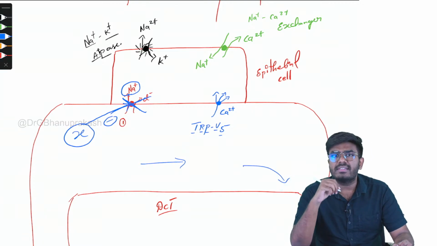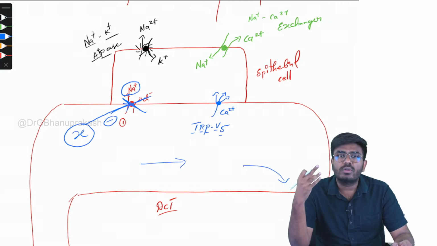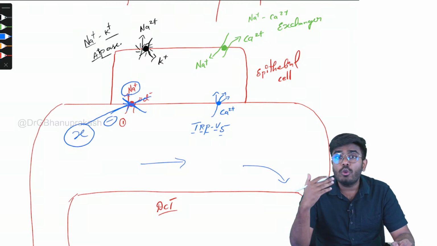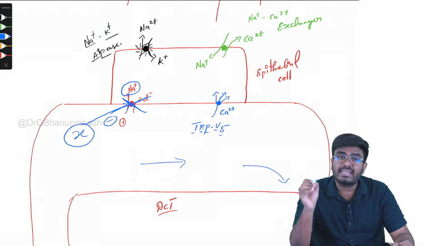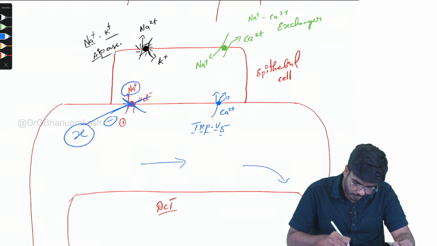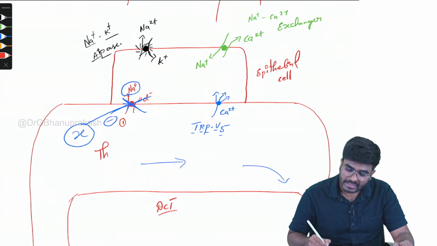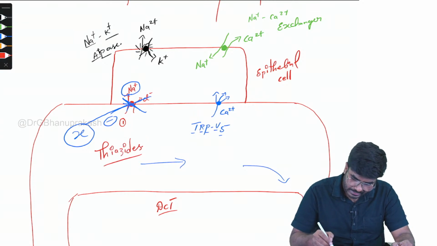Loop diuretics we have already discussed: furosemide, torsemide, bumetanide, ethacrynic acid, all these are loop diuretics. Now what I am saying is, the sodium chloride importer is inhibited by which kind of drugs? If you know, just tell me. It starts with the letter T, thiazides. So thiazides are the drugs.